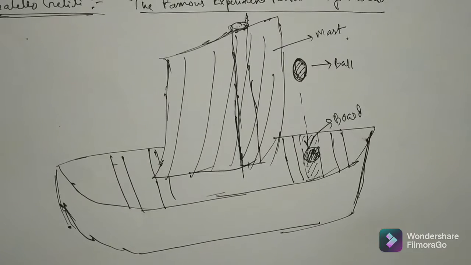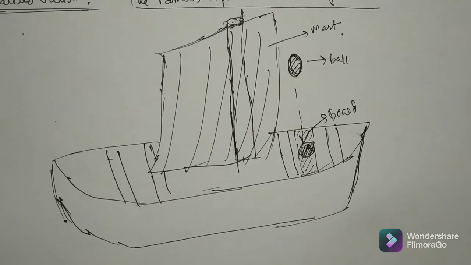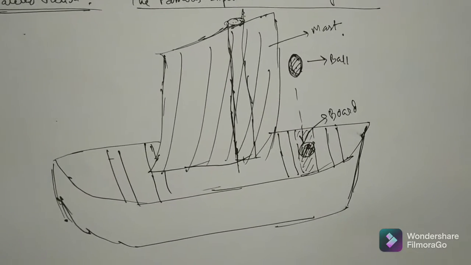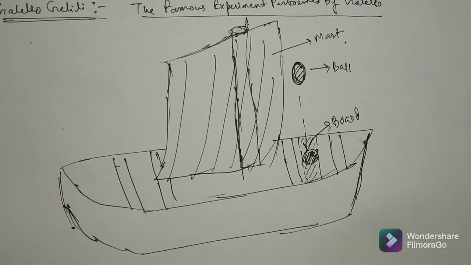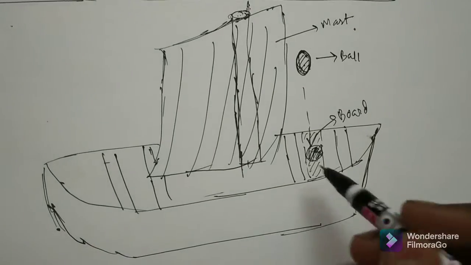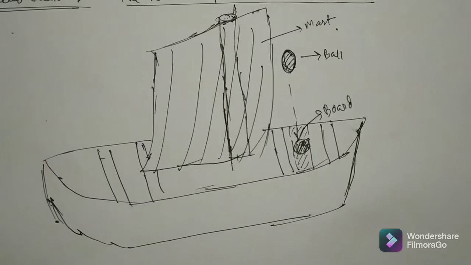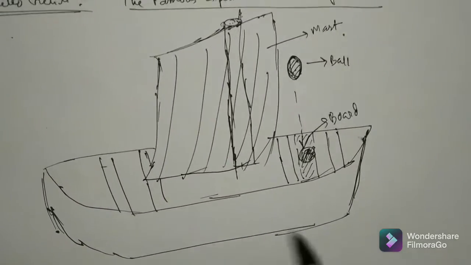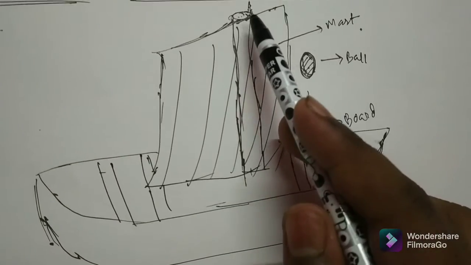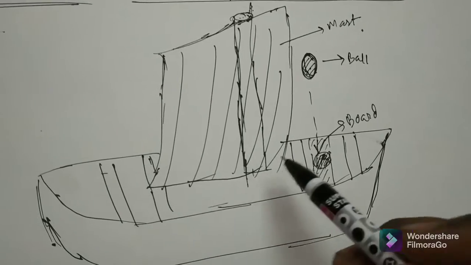But soon after, Galileo turned his boat and took it to another position where there was some acceleration. That means there were some thrashing waves which were making the boat accelerate. And soon he found that while the boat was accelerating, the moment he dropped the ball, it didn't fall here.